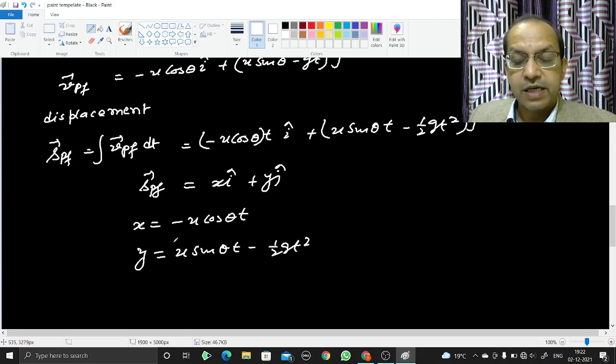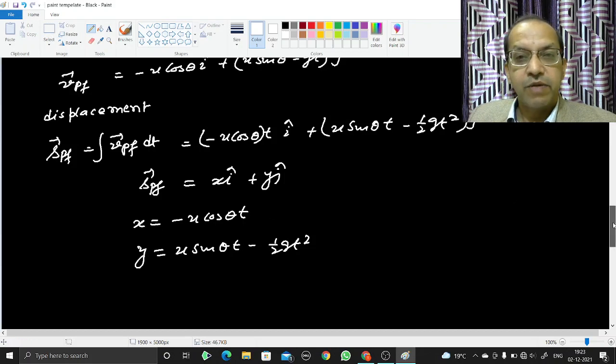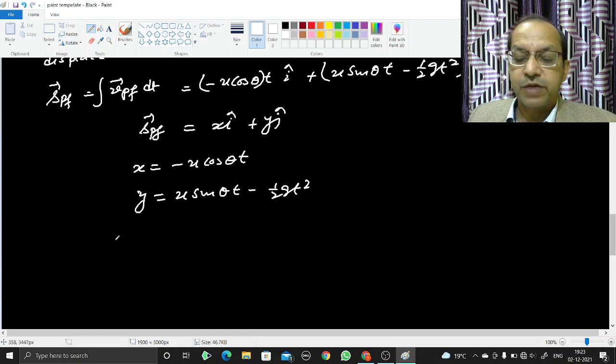To find the trajectory, we eliminate t and find the relation between x and y. Then we will identify the shape of the trajectory. The first equation gives t equal to minus x upon u cos theta.